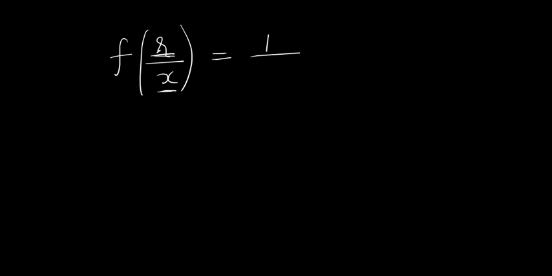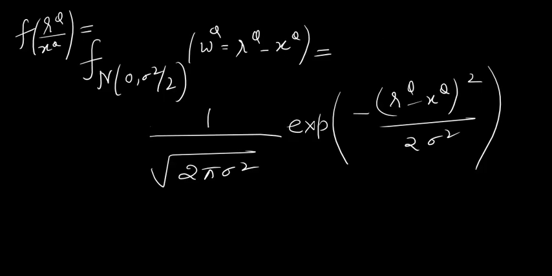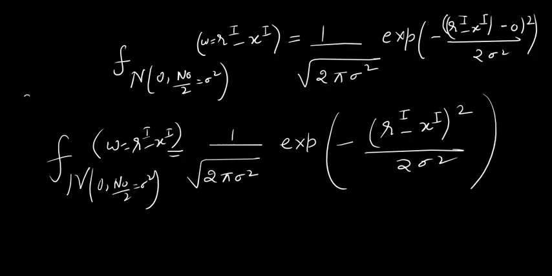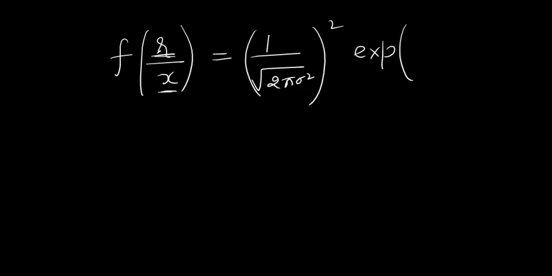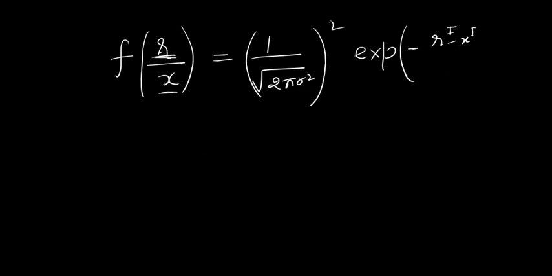Now I can write the likelihood of R given x. R is a combination of Ri and RQ, and X is a combination of Xi and XQ. You can also write it in vector form. So the product of these two: 1 upon root 2 pi sigma square into exponential of minus (Ri minus Xi) whole square, and exponential multiplied.